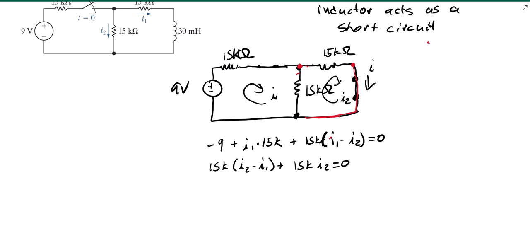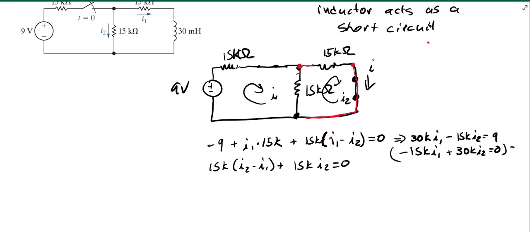equals 0. And now if I simplify these, the top equation becomes 30k I1 minus 15k I2 equals 9. And the bottom equation becomes negative 15k I1 plus 30k I2 equals 0.